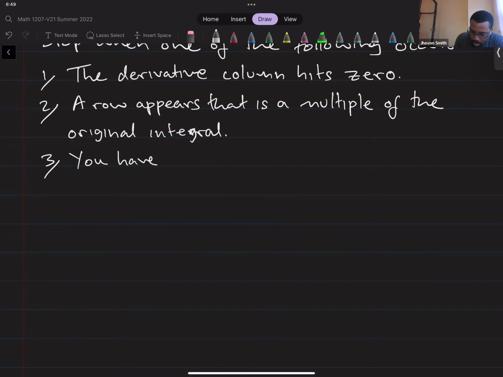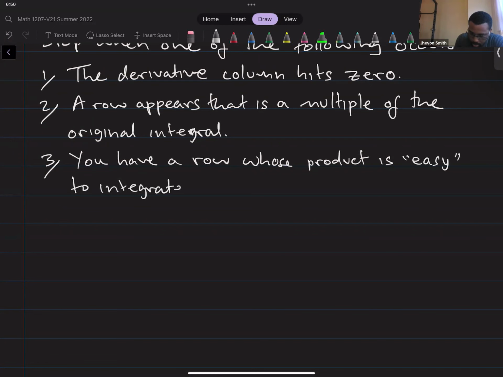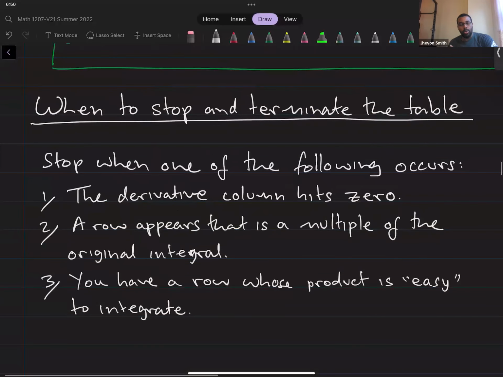You have a row whose product is easy to integrate.